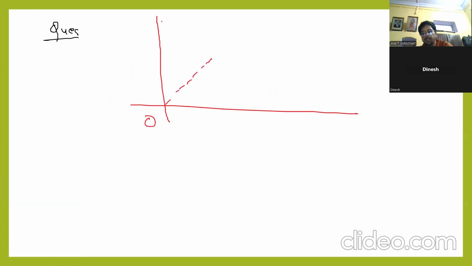This is point P. Let us suppose this point P has velocity 5 meter per second, and it is making an angle 37. What is the angular velocity of P with respect to O, if R is 4 meter?